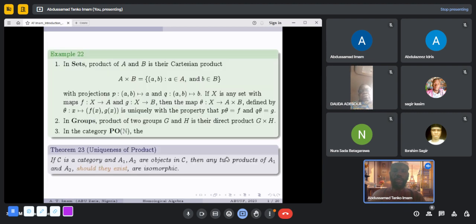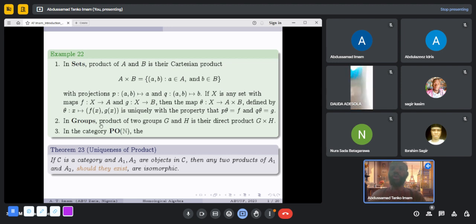And if you have any other mapping, it can be factored in a unique way via theta. So I think the definition of this map theta and the definition of these projections provide us with the verification that the Cartesian product is actually the product of two sets in the category of sets.